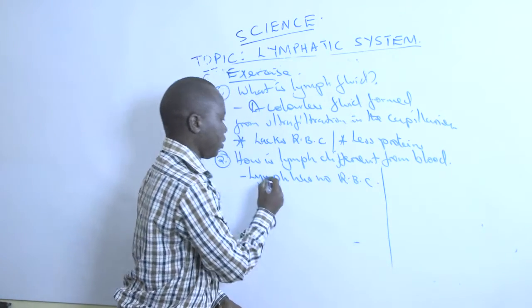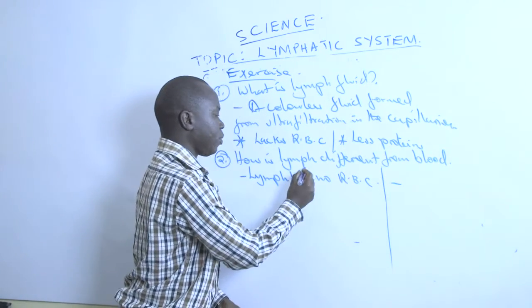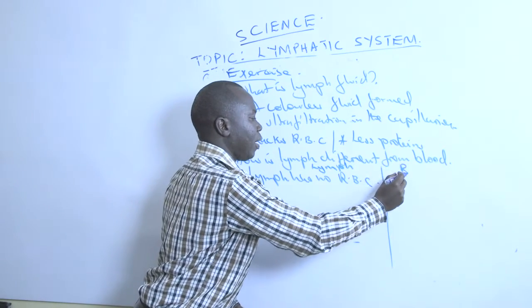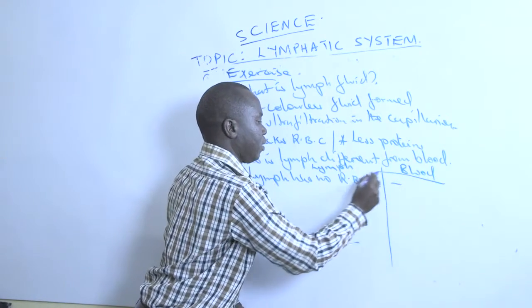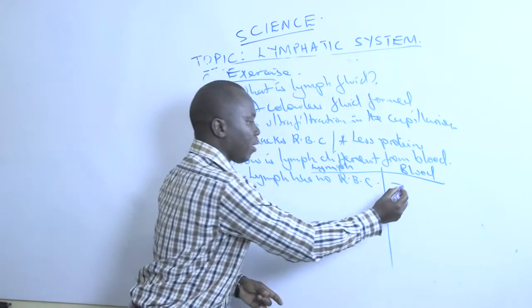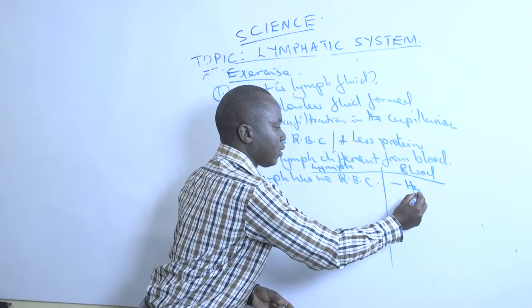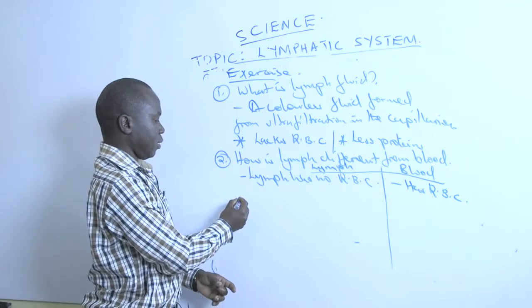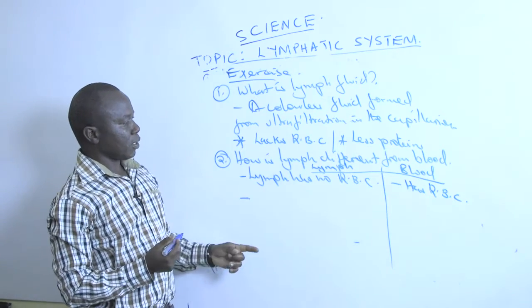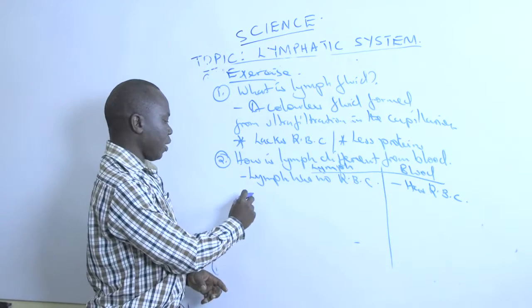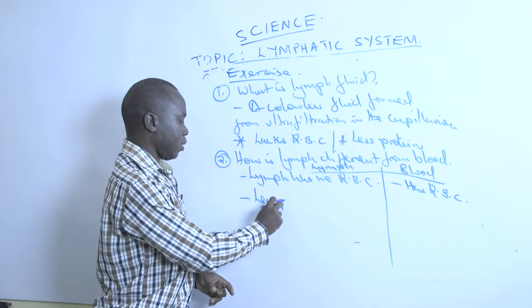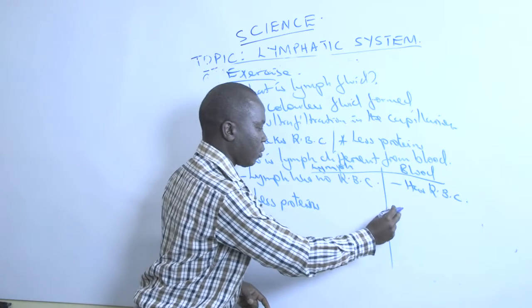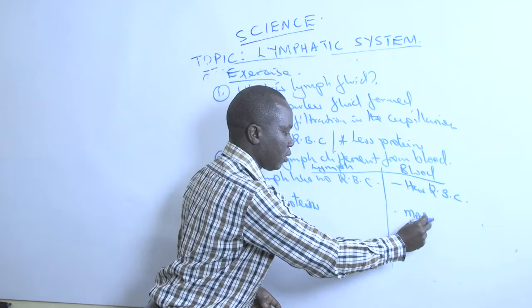If we use a table, lymph on this side and blood here, blood has red blood cells. Then in terms of proteins, lymph has less proteins. This one has more proteins.